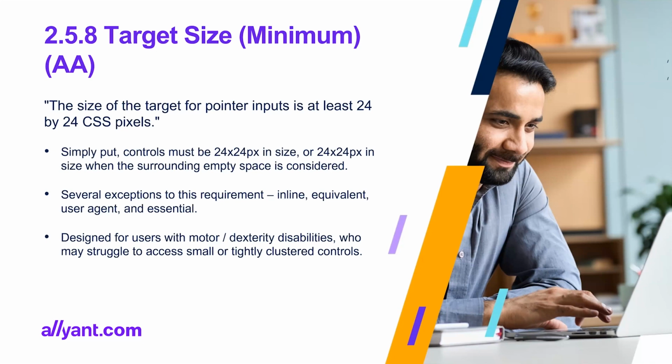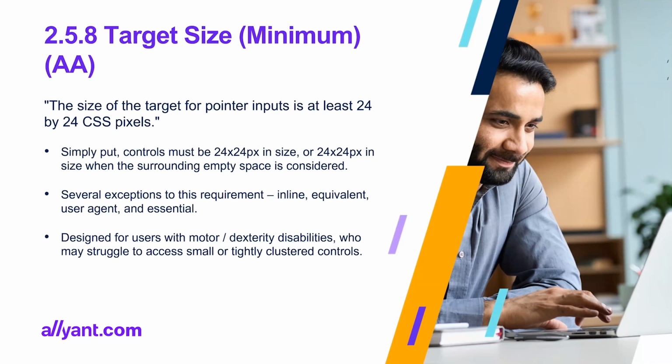Equivalent, what they mean by that is if there's another control elsewhere on the page that allows you to perform that same function, then if that control does meet the size requirement, it's okay to have a control that doesn't. So if you have two buttons on a product page that allow you to view the ratings, and one of them is a very small control adjacent to the buy now button, that control doesn't meet the size requirements.